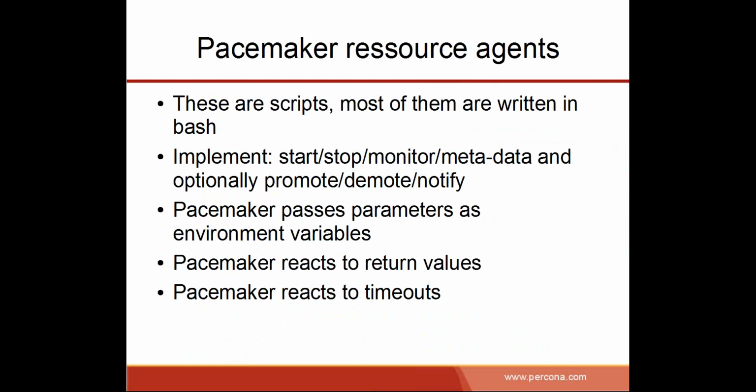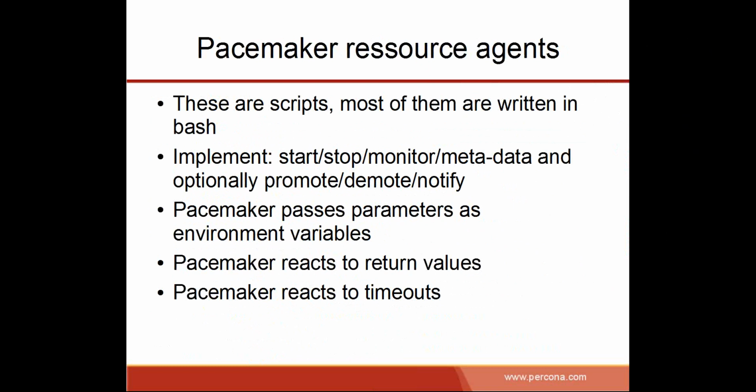Pacemaker, like I said, will pass the parameters. Again, in the right-of-it example, the IP address and the NIC were parameters. It will pass them to the script as environment variables. Pacemaker bases all its reactions and behavior on the return values the script will provide to the actions.